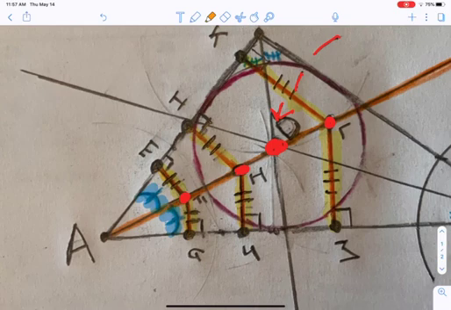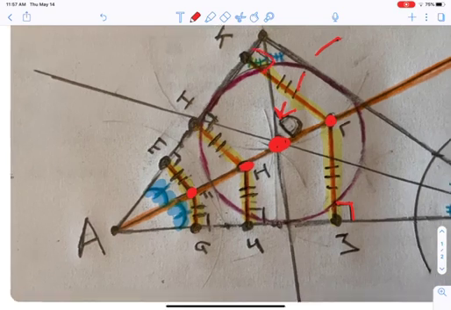Also notice these perpendiculars. I think that's important to see. All right, so let's just mark that down too.